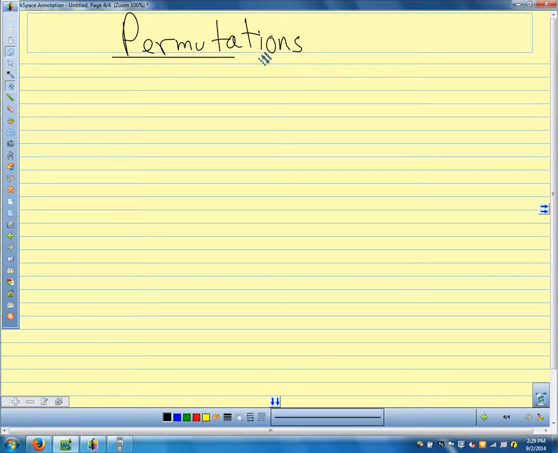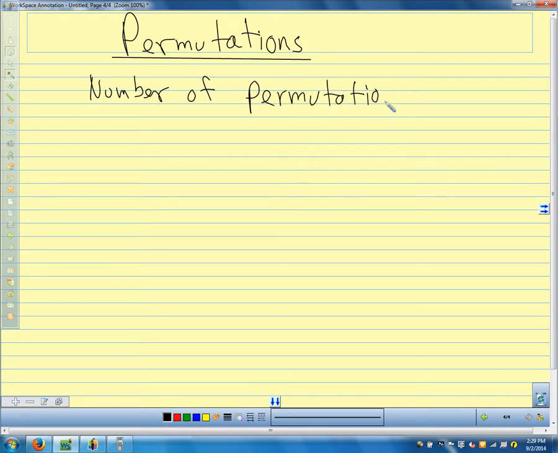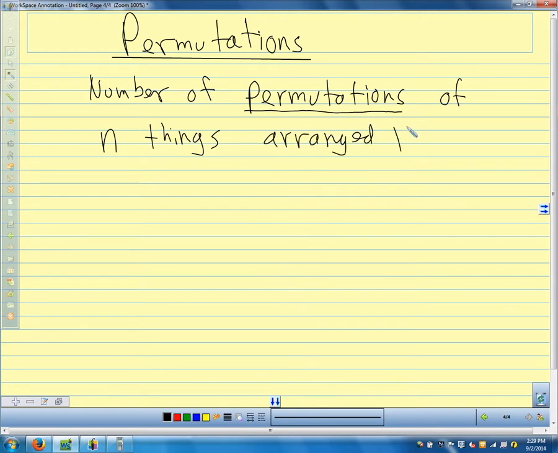And a permutation is just an arrangement. And we'll talk about what a permutation is. So the number of permutations of n things arranged r at a time.